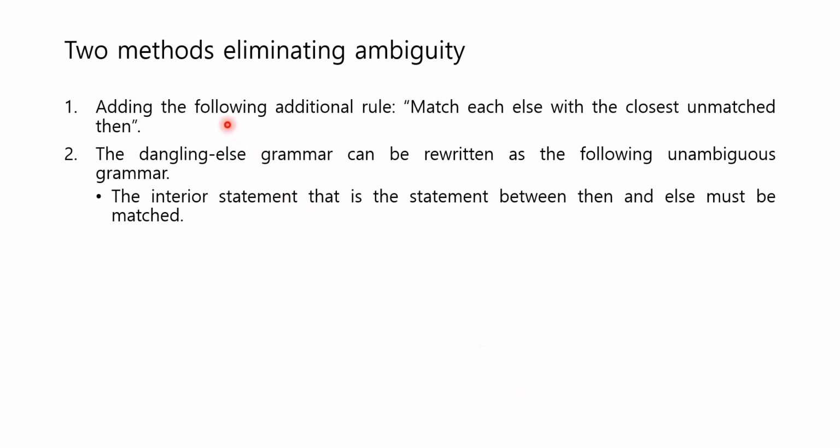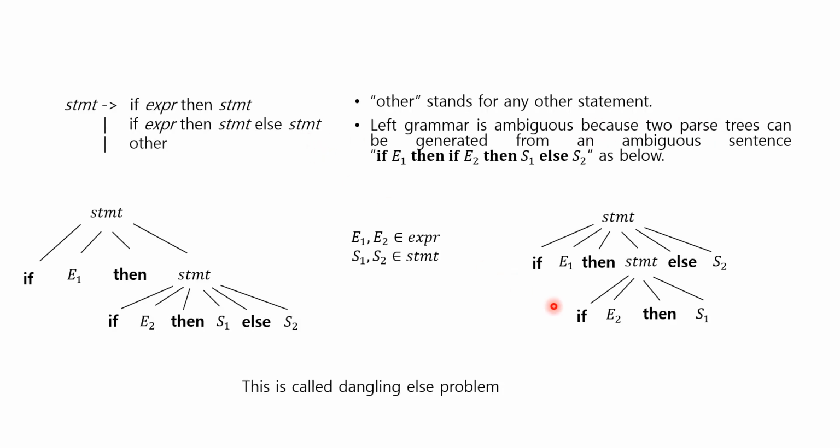There are two methods to eliminate the ambiguity. The first one is adding the following additional rule: match each else with the closest unmatched then. So in the earlier example, if we match this else with the closest then, we don't have the dangling else problem.